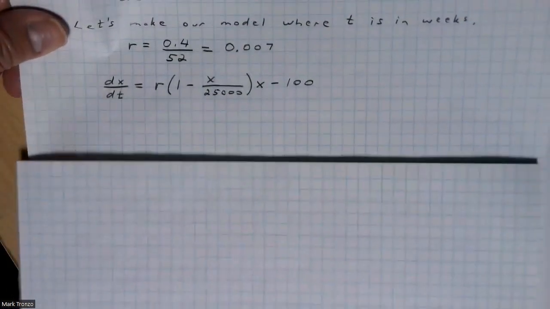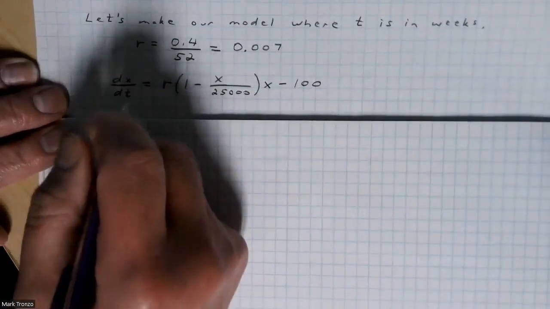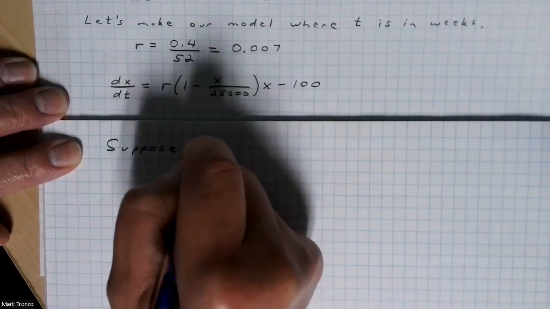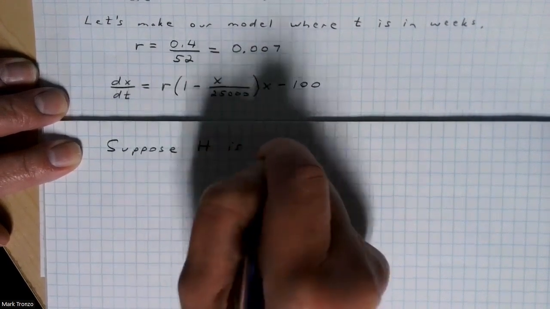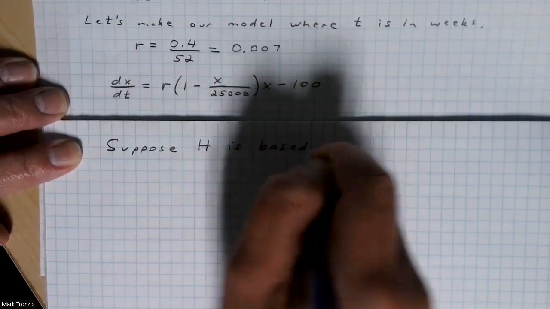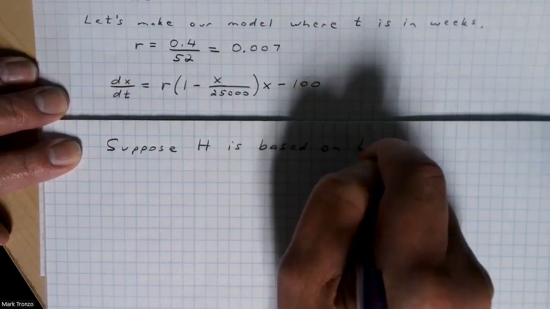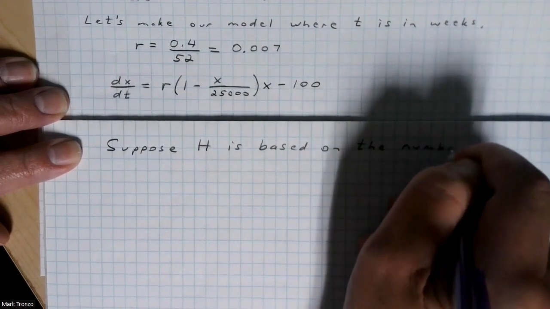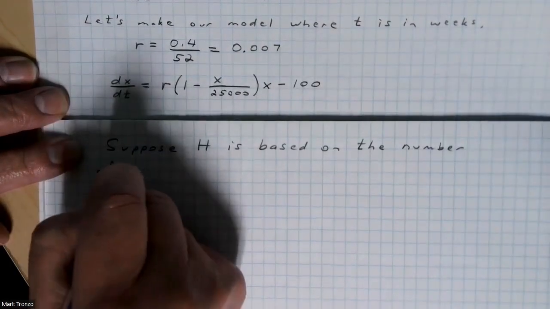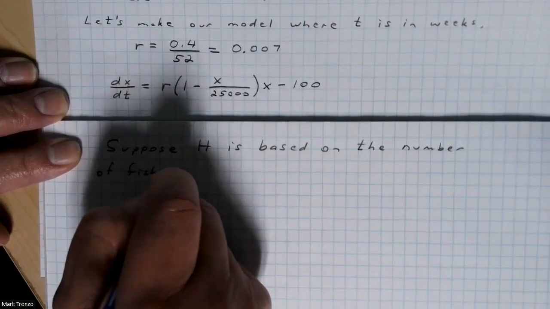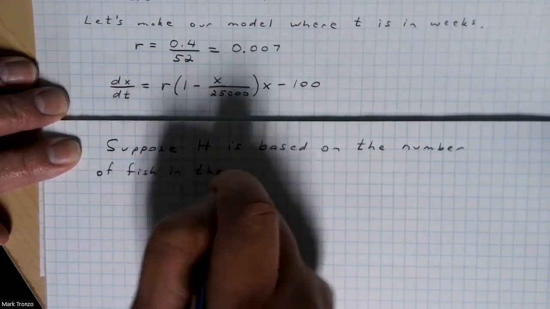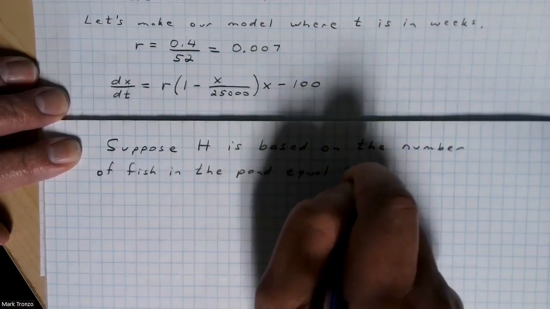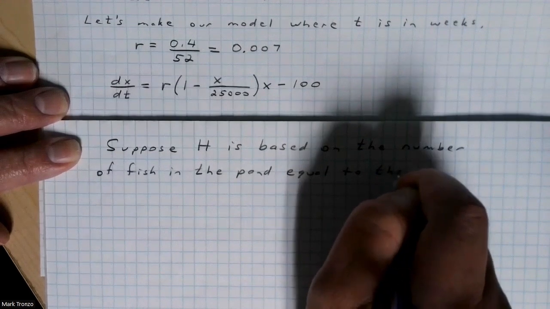You know, that H, that harvest rate, suppose H is based on the number of fish in the pond, equal to the carrying capacity.